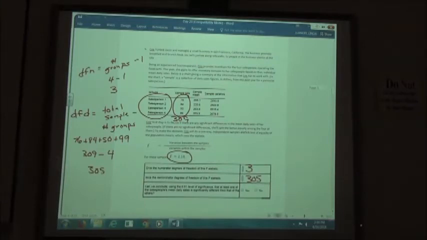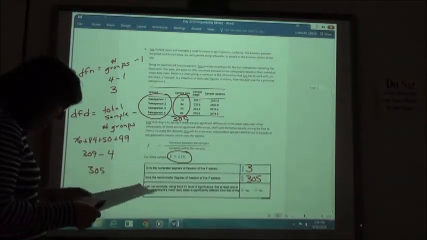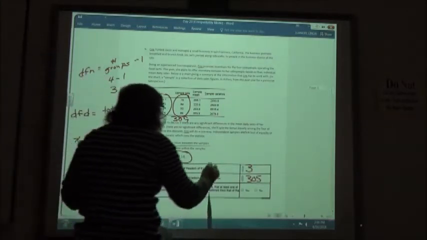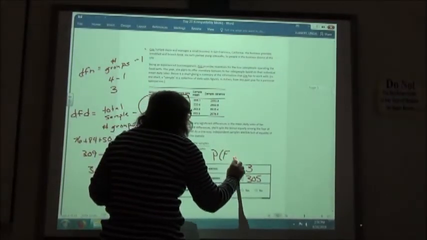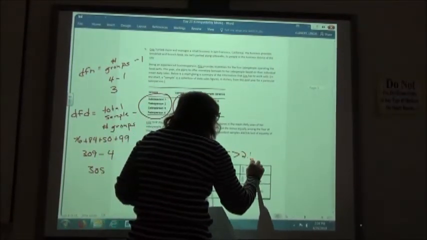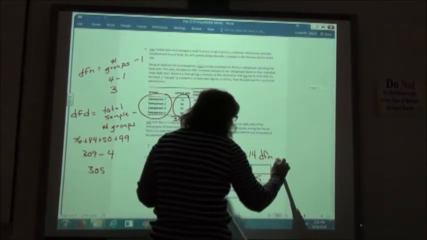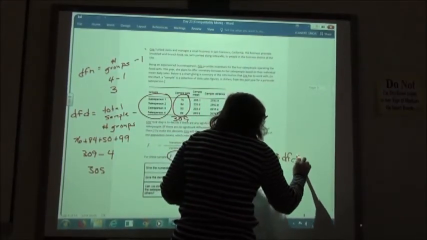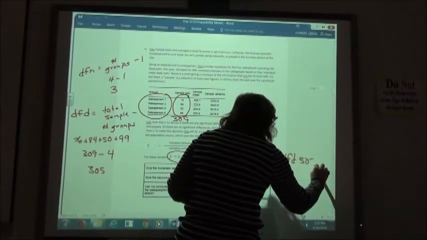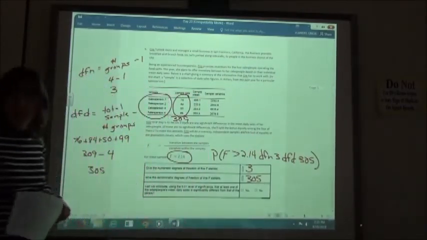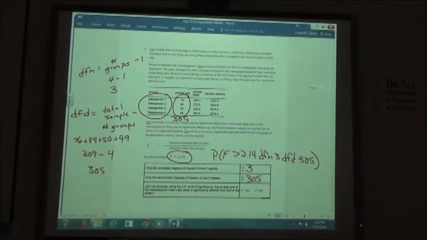It didn't ask for my p-value separately, so I have to calculate my p-value. I'm going to do P of F is greater than 2.14 with a degree of freedom in my numerator of 3 and a degree of freedom in my denominator of 305. I'm going to punch that into the calculator and figure out what I get for my number.